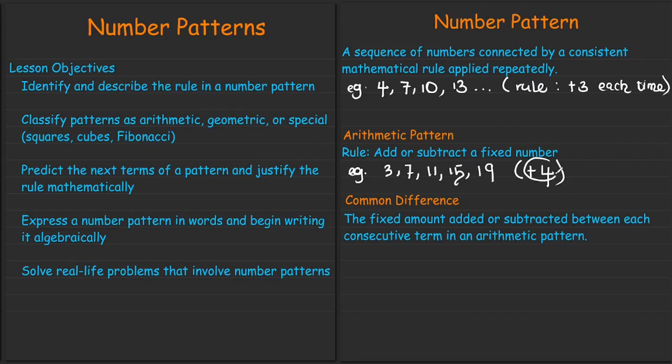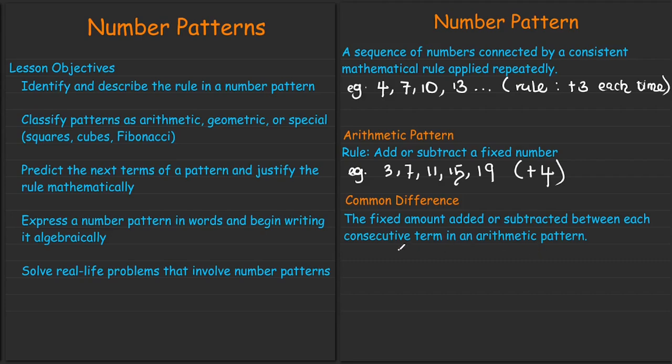So for this pattern, this is its common difference, you see. So that is what we keep adding. For this particular pattern as well, its common difference is what? 3. It is not always positive. Sometimes it can be negative as well. So anytime we are considering arithmetic patterns, then the common difference has to be in our mind.